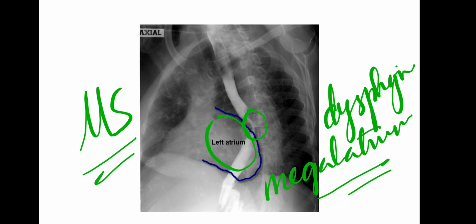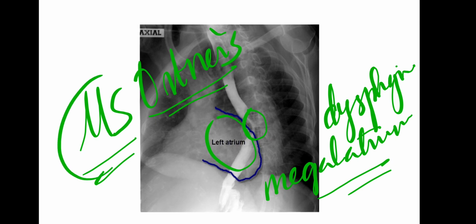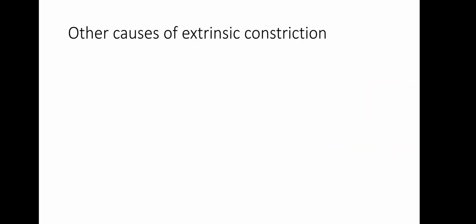So you would have heard of Ortner's syndrome also, where the enlarged left atrium is compressing on the recurrent laryngeal nerve. Like that, in the case of mitral stenosis, the enlarged left atrium can compress on the esophagus, giving a source of extrinsic constriction. An example of extrinsic constriction giving rise to dysphagia megalatriensis.